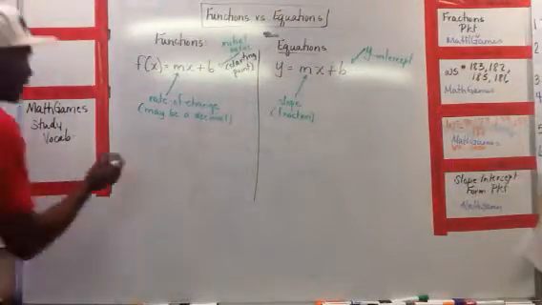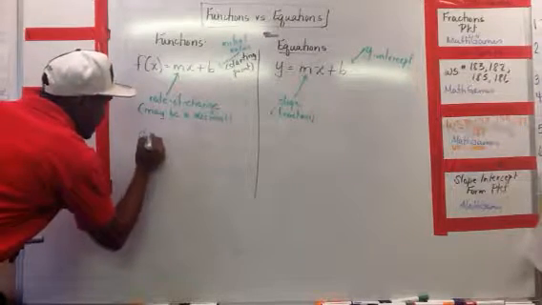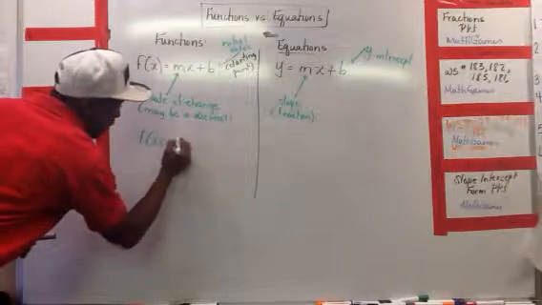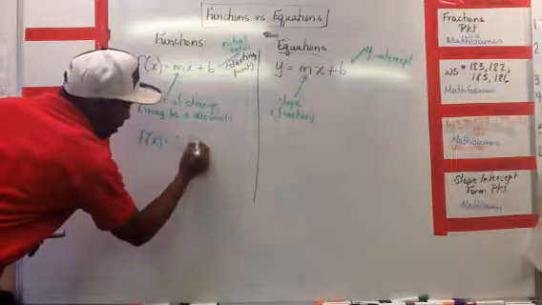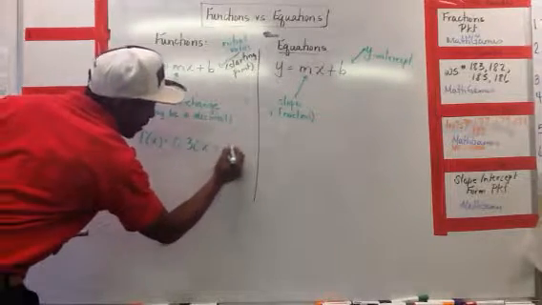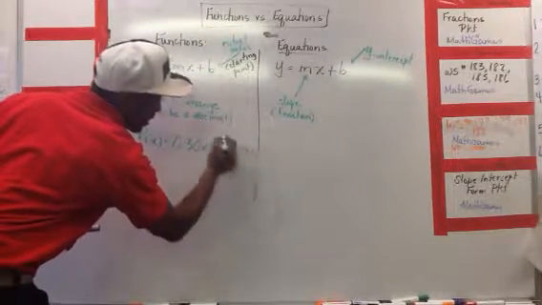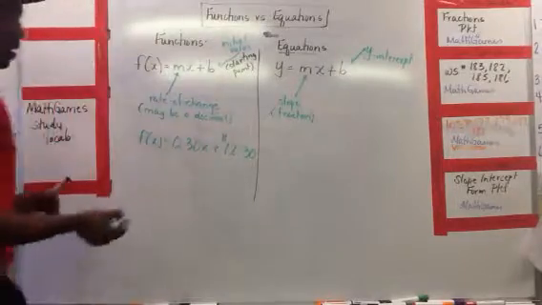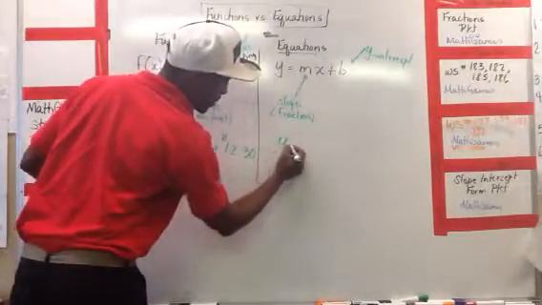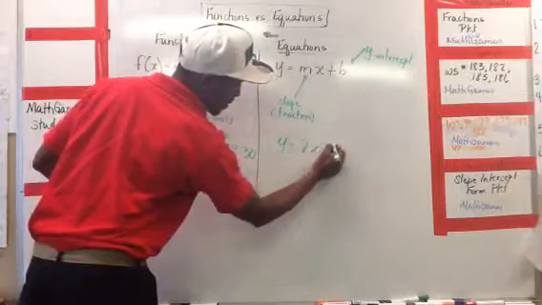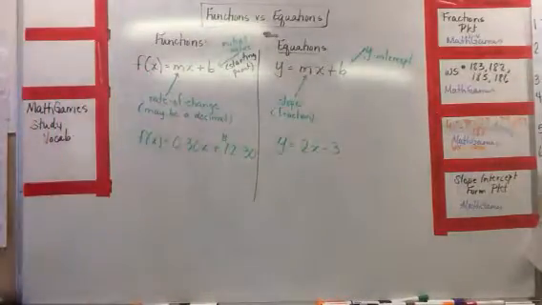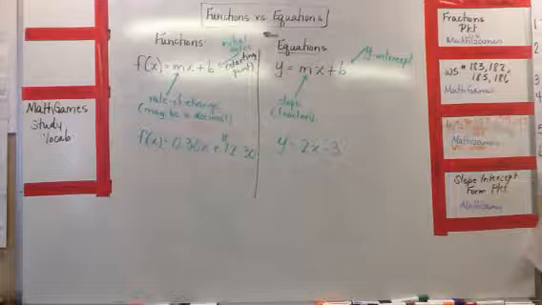An equation might look like this. And a linear equation might look a little something like this. Okay? So kind of pick up on the similarities of functions and equations.